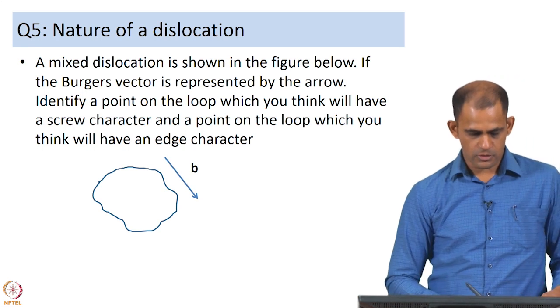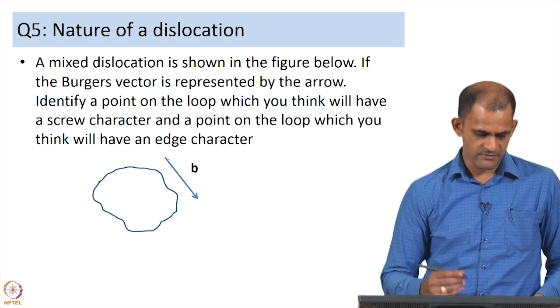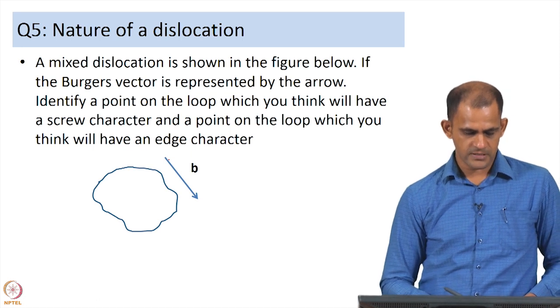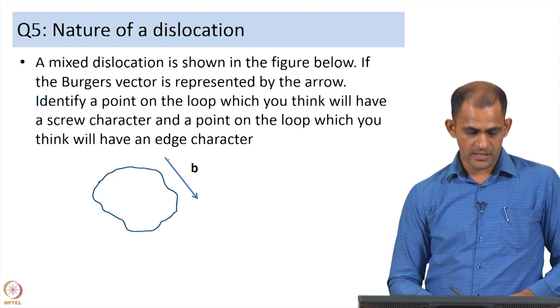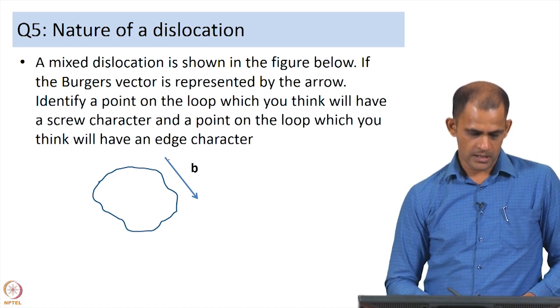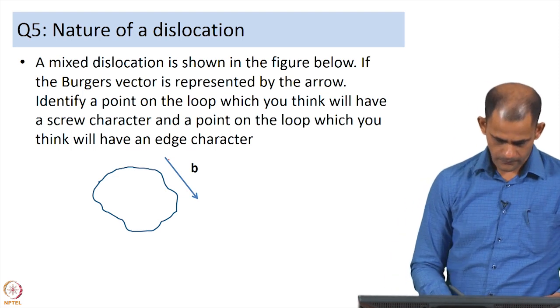Now let us look at this loop and find out which point, among several points, let us look at a couple. Which point will be approximately parallel to the Burgers vector?